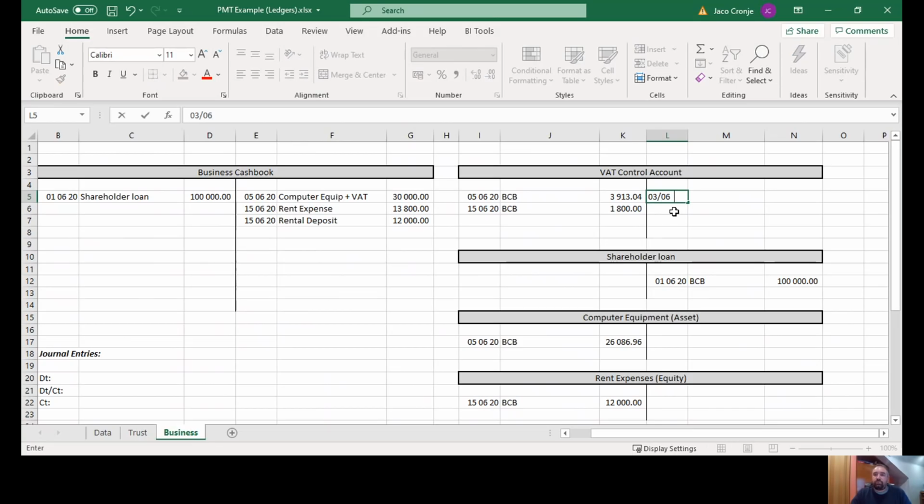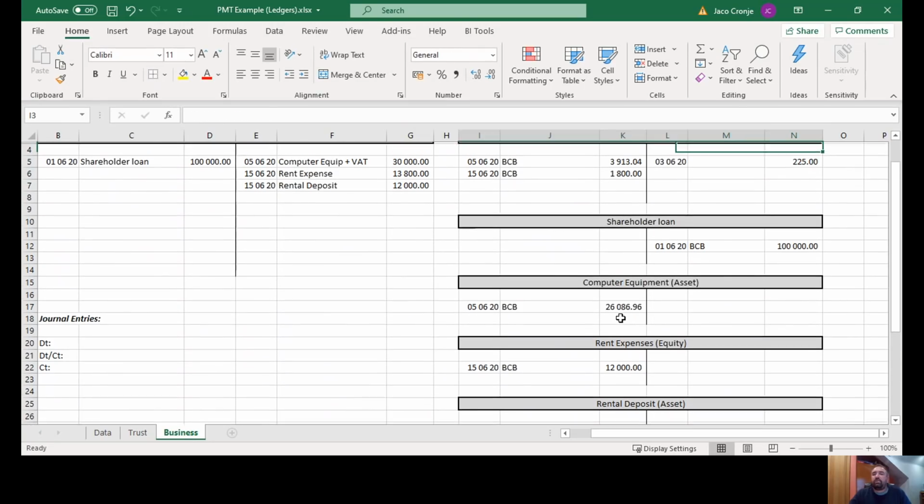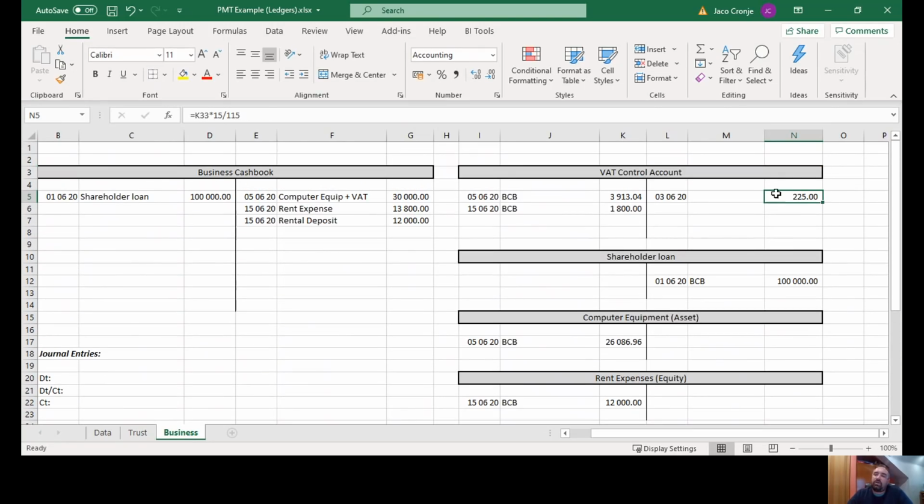So on the 3rd of June 2020, for the sake of completeness, I'm going to have that amount times 15 divided by 115, and there I've now got a VAT liability. So at this point, if I stop my business now, my debits are larger than my credits.